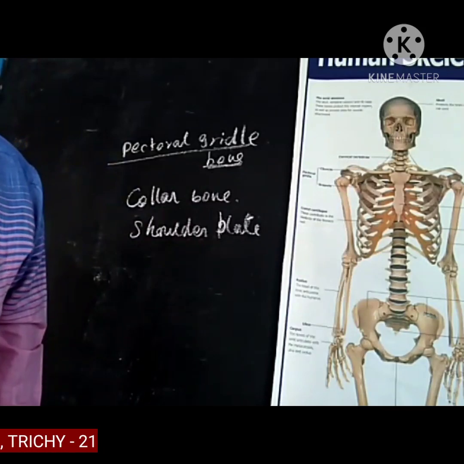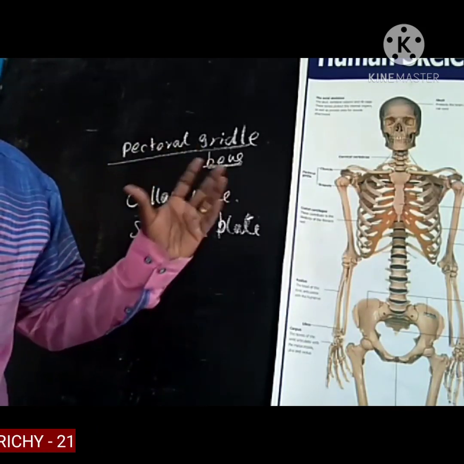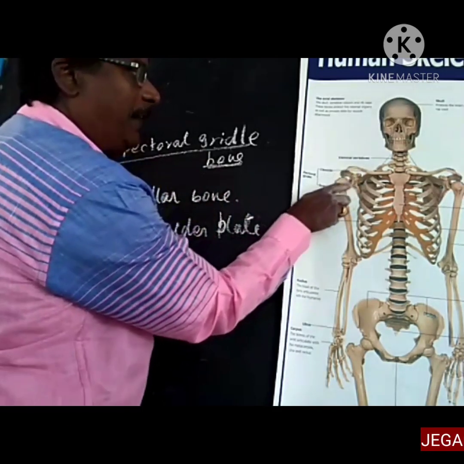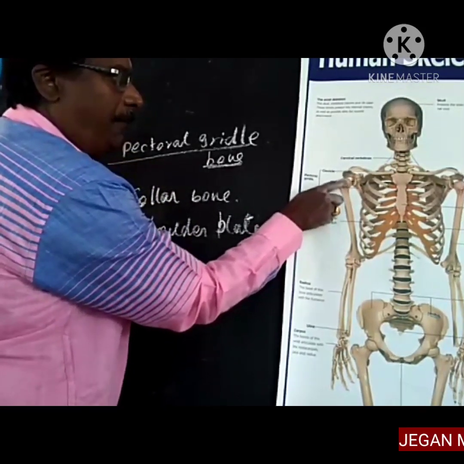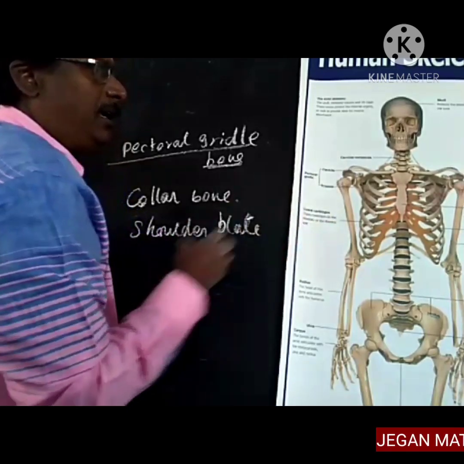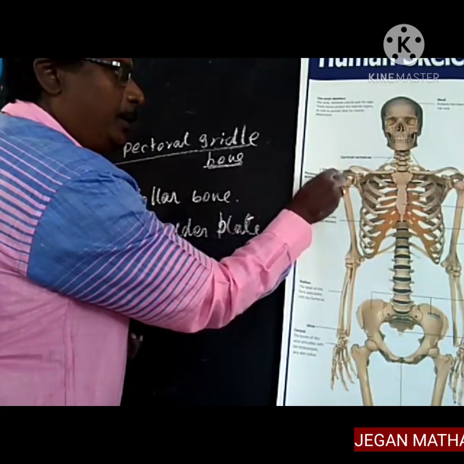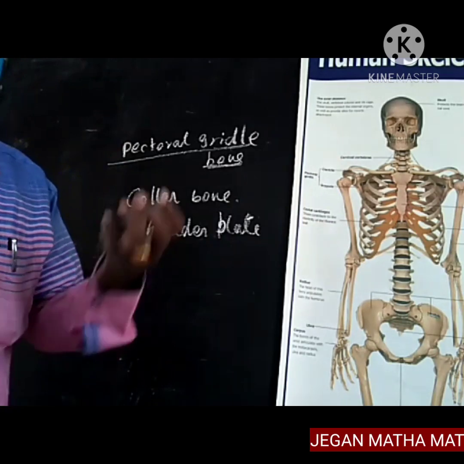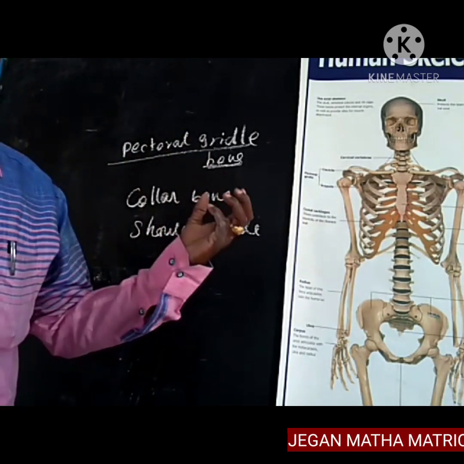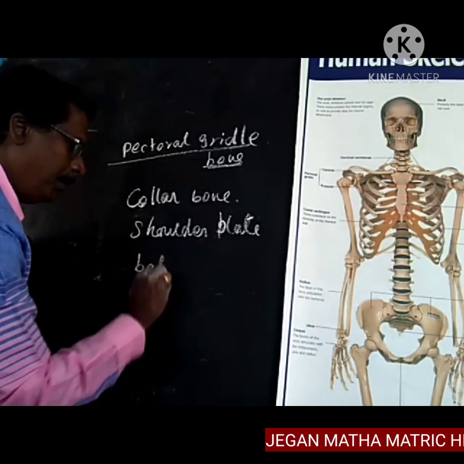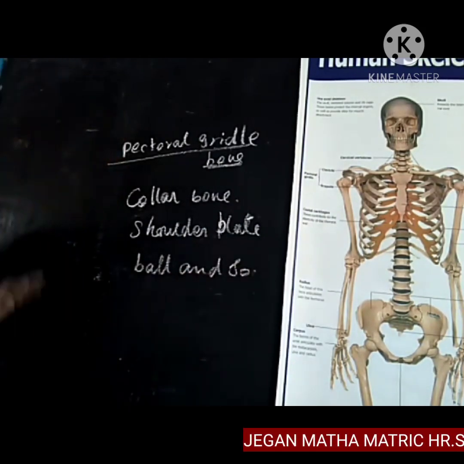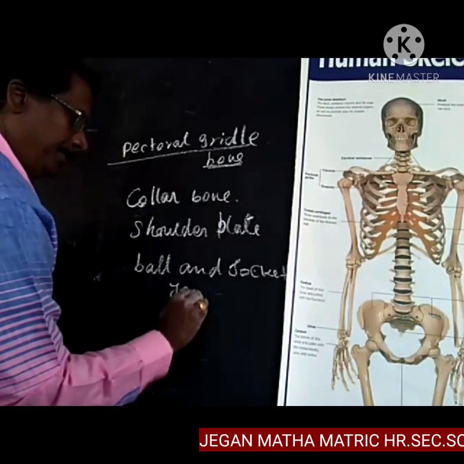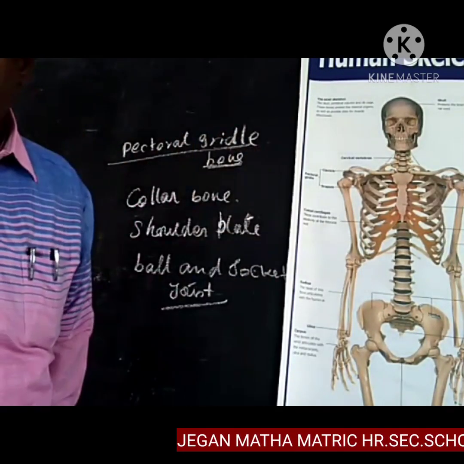The shoulder bone encloses a socket-like cavity into which the ball of the upper arm fits. This forms the ball and socket joint present in this region.